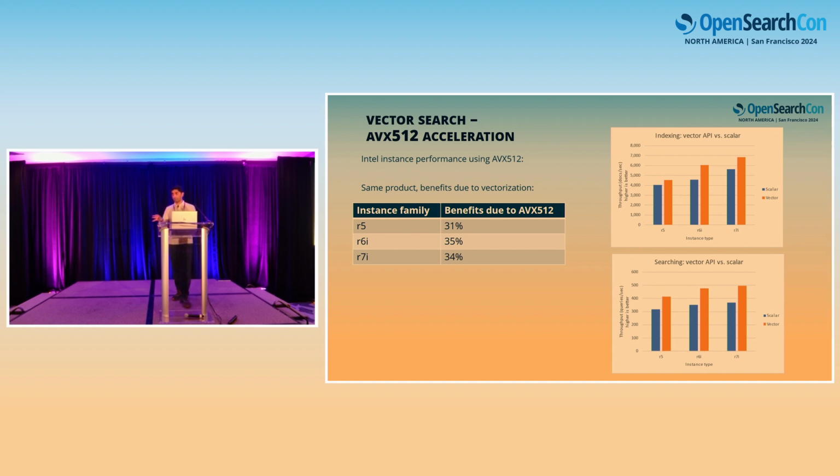I'm not going to calculate this for you, but if you go from an older machine with no vectorization to the latest with AVX512 turned on, you are stacking those gains: the 43% you saw previously with this 35%. That's close to a 70 to 75% improvement, partly from hardware acceleration and partly from new hardware. That's the value proposition that hardware alone will bring to you.